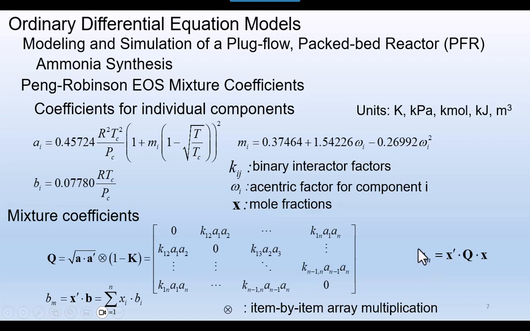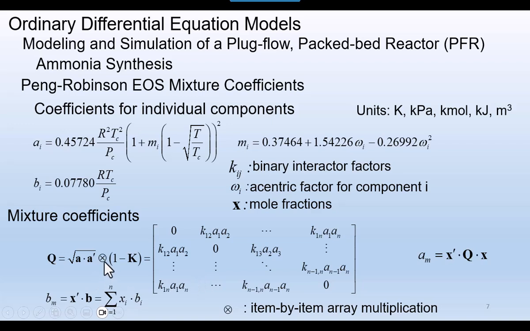And the way we get the mixture coefficient A is from a quadratic form, x transpose Q x, where x are the mole fractions, and Q represents this matrix here, which is computed using the individual A's from the components and a set of binary interaction factors, and these are denoted here in an off-diagonal matrix.